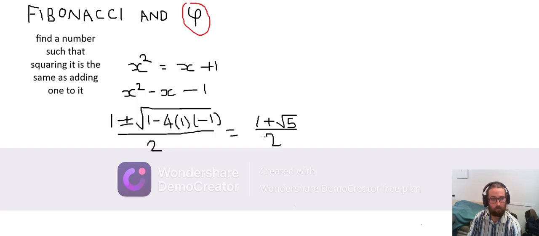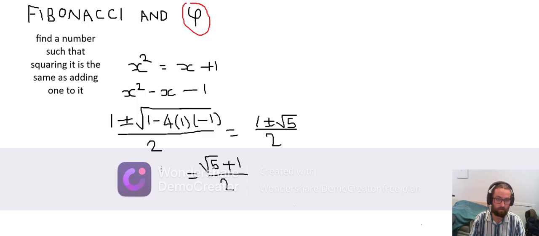So 1 plus or minus root 5 over 2 is going to give you the same number when you square it as when you add 1 to it. Now, notice I said plus or minus, so there's two numbers here. This video is going to be focused on the plus version, and I actually prefer to write it as root 5 plus 1 over 2, but it doesn't actually matter.